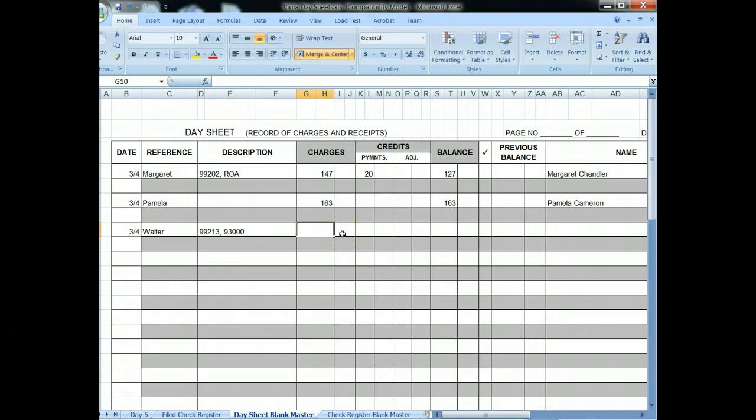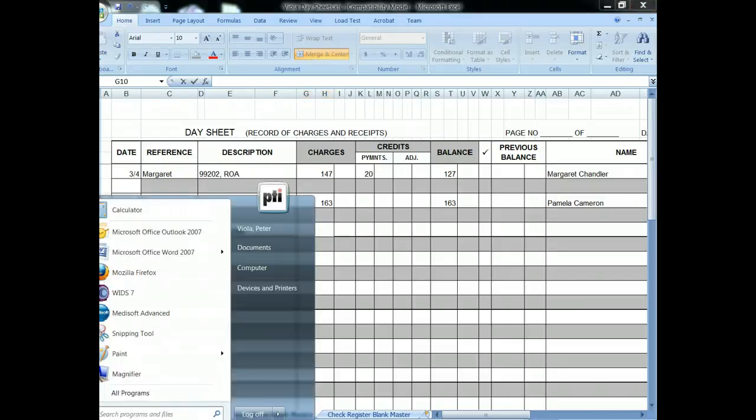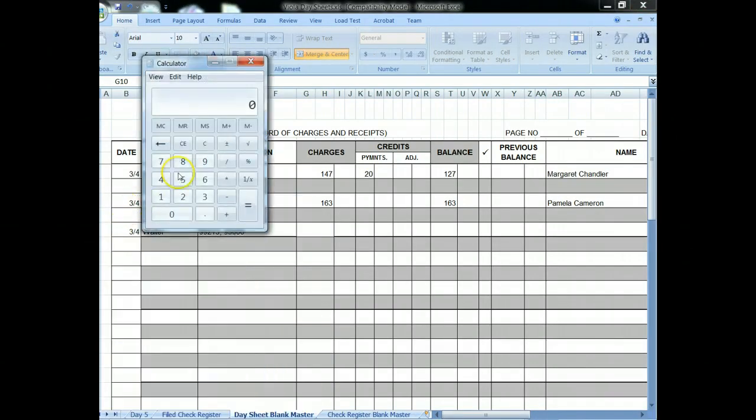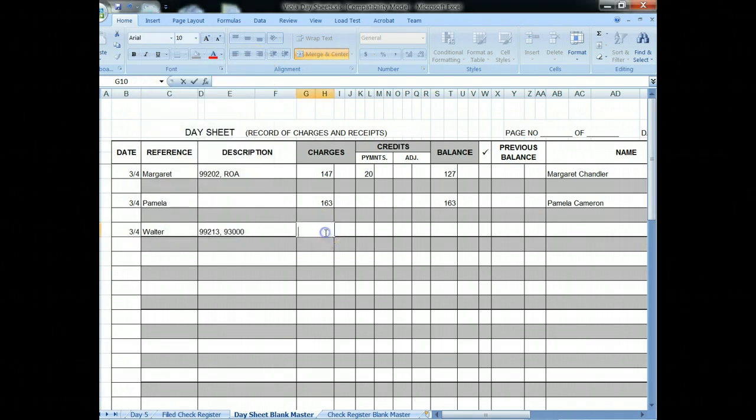So if you would like, his super bill is $240. Oh, excuse me. His charges are going to be 99213, which was $111 plus the EKG, which is $131. So he's going to owe us $242. So under charges, we have $242. He made no payments.